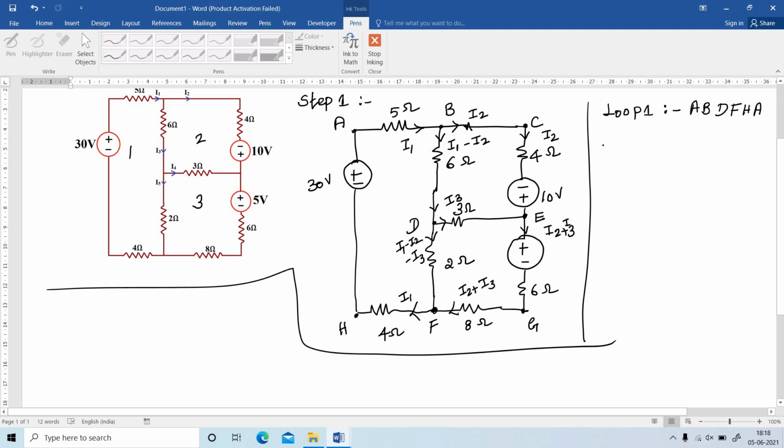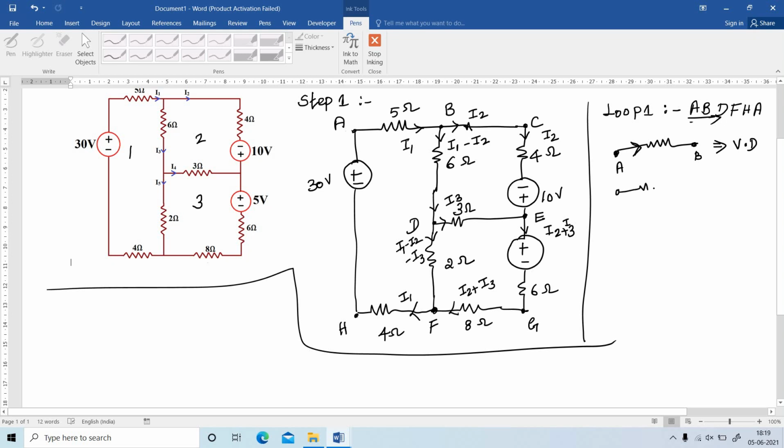Now I am going to explain how to write the equation easily. If the current direction or branch direction and the loop direction are the same, for example the branch direction is from A to B and the loop direction is also from A to B, I have to take it as a voltage drop.